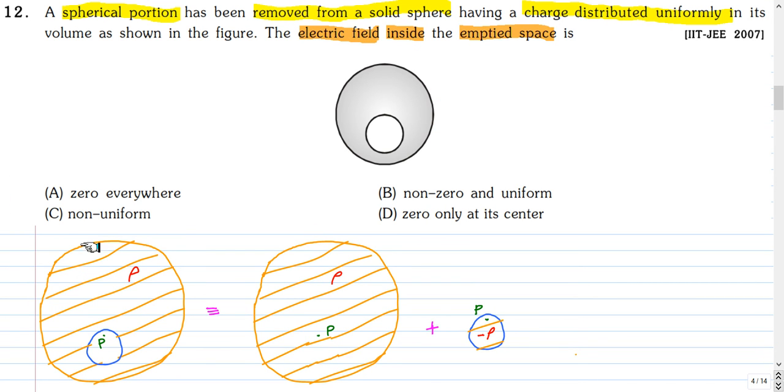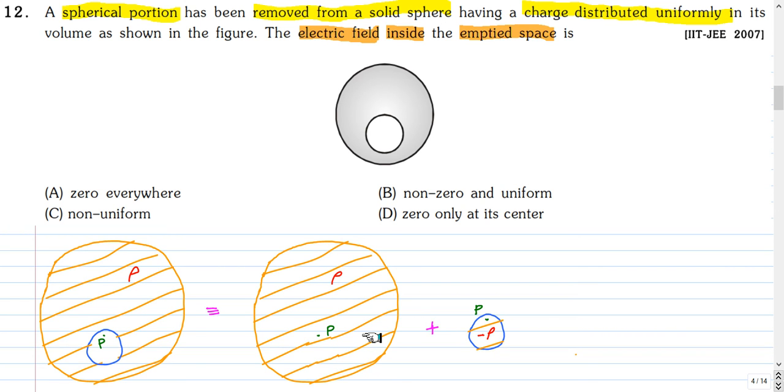So the sphere with a cavity, which has a uniform charge density, say rho, is equivalent to a sphere without a cavity, where the charge density is uniform at rho, plus a sphere corresponding to the volume of this cavity, which has a volume density of minus rho.